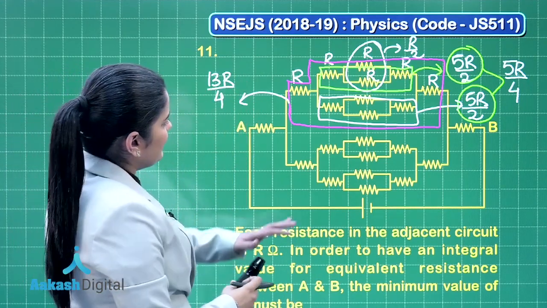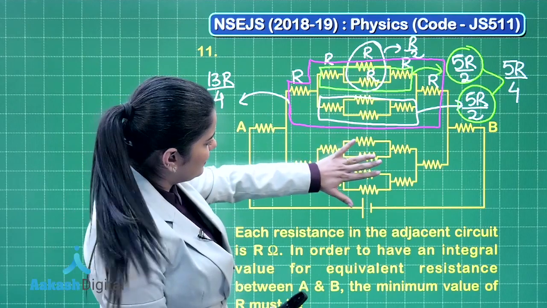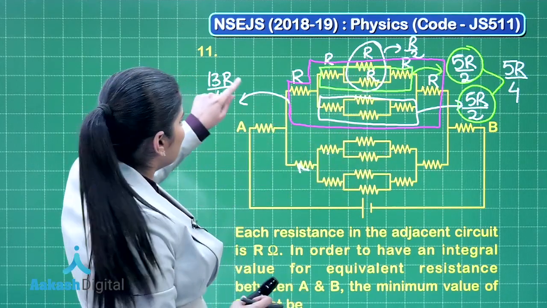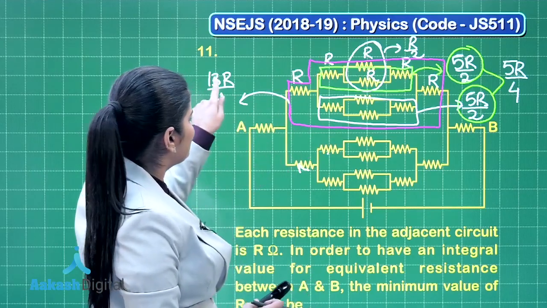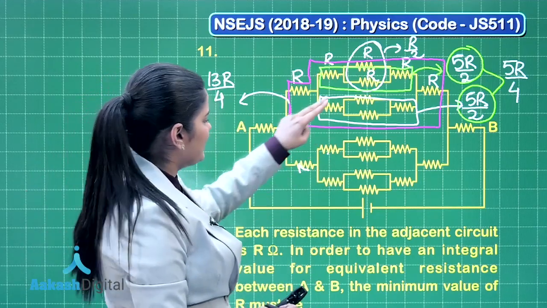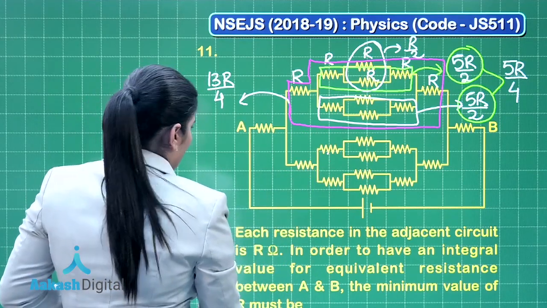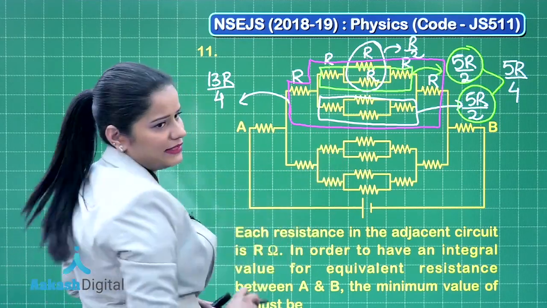Now, you can see this upper circuit and this lower half are again symmetrical, and hence if we have calculated this as 13R by 4, similarly the equivalent resistance for this part of the circuit will also come out to be 13R by 4.